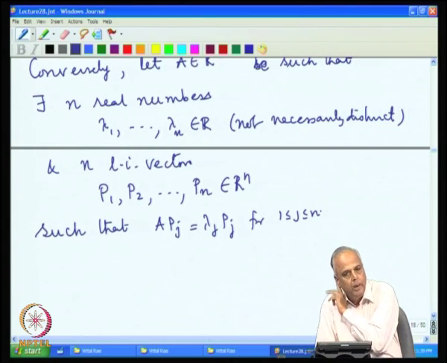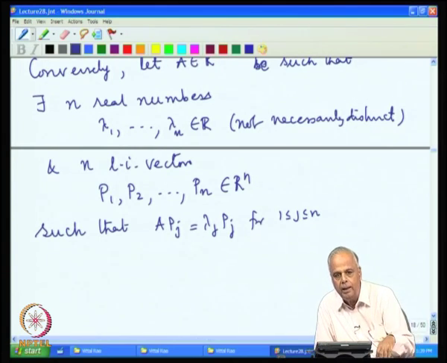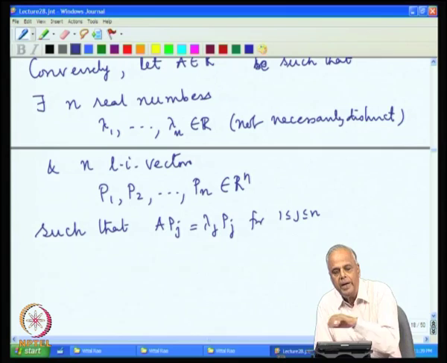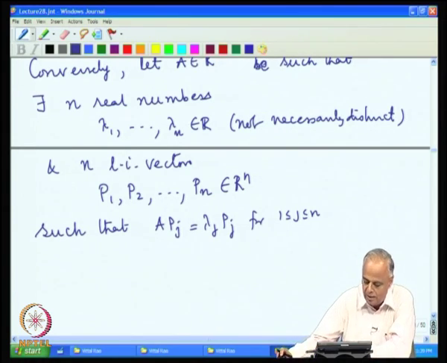Now, in the previous case we assumed diagonalizability and we arrived at the existence of these numbers and the scalars. Now, we are assuming the existence of these numbers and the vectors and we are going to prove that A is diagonalizable.